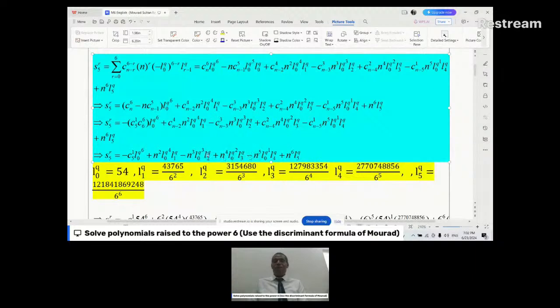When k equals 6, you will get this one as S5 for r equal negative 5: L0 for the q raised to the power 6 plus n squared L0 for the q raised to the power 4 times L1 for the q minus n cubed, the cube of L0 for the q times L2 plus n cubed n raised to the power 4 times L0 for the q squared times L3 for the q minus n raised to the power 5 times L0 for the q raised to the power 1 times L4 for the q plus n raised to the power 6 L5 for the q.